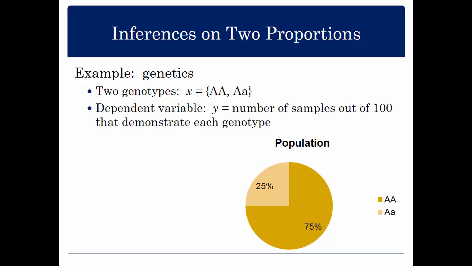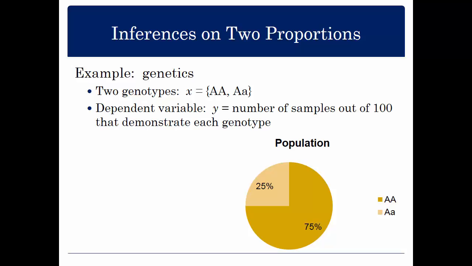The first example that we have here is again looking at a categorical outcome. And we don't really have multiple groups. We have a single population. Perhaps a genetics example would be a great way to look at this. If you have a small sample of patients and you're interested in what their genes look like, you may hypothesize that there's a particular fraction of individuals who have a certain type of genetic marker, for instance.